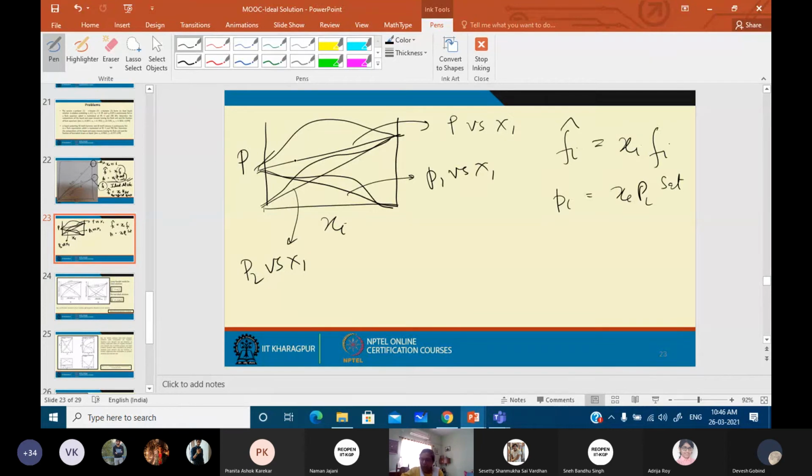There can be deviations where Pi is greater than Xi Pi saturated. Or you can get deviations of this sort, where Pi is less than Xi Pi saturated. That is a negative deviation from Raoult's law also.